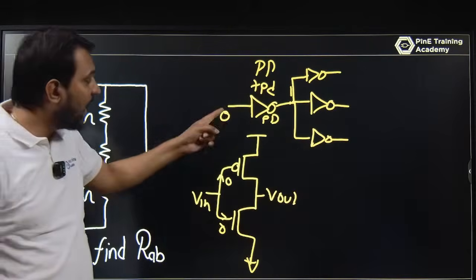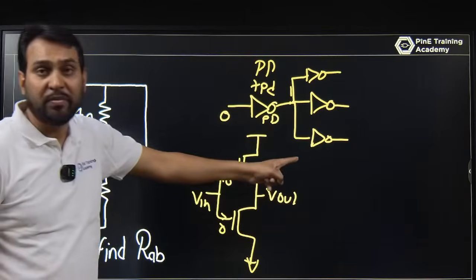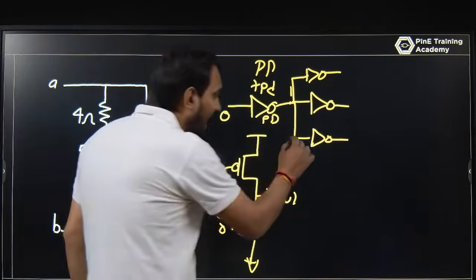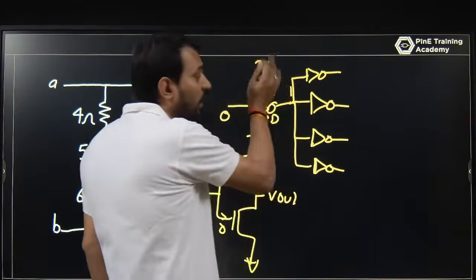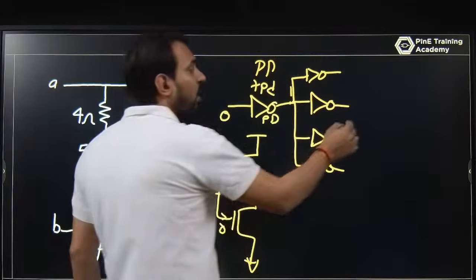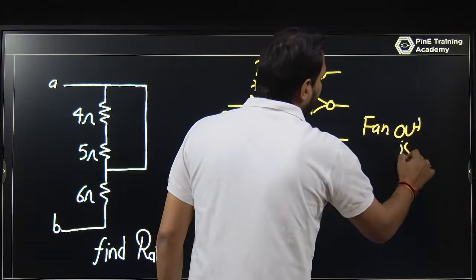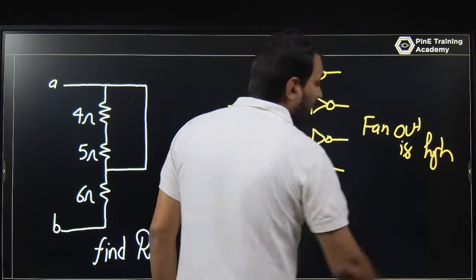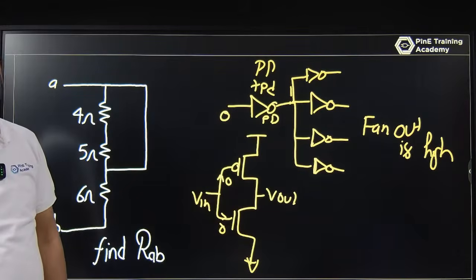Why? Because the output of that first inverter will be the same for all, because they are in parallel, the voltage is the same, and the input impedance is infinite, so there is no drop. So in CMOS the fan out is very high. That's why we are using CMOS logic there.